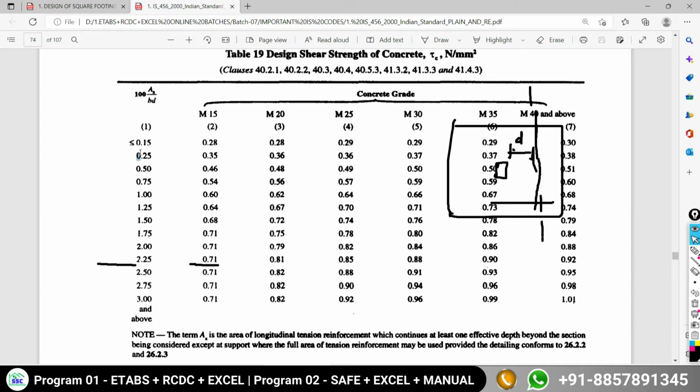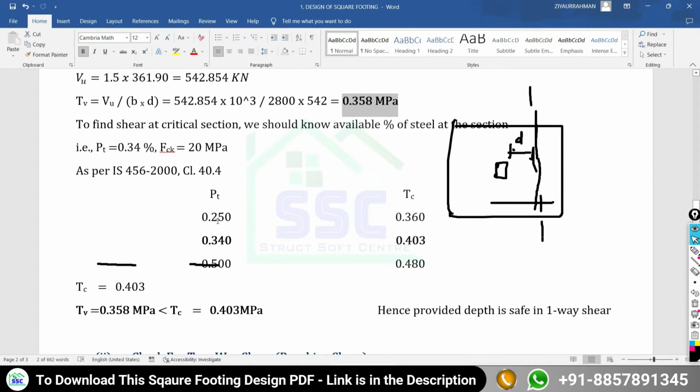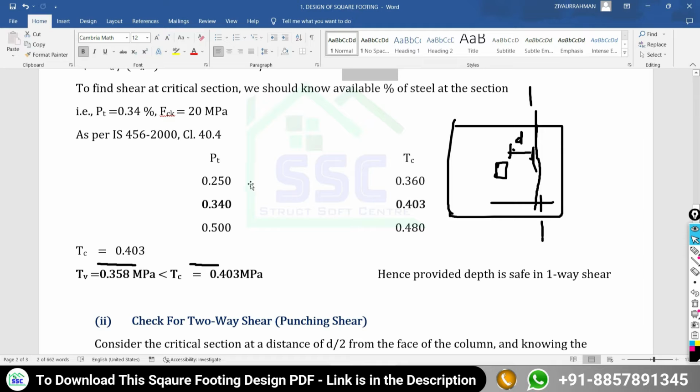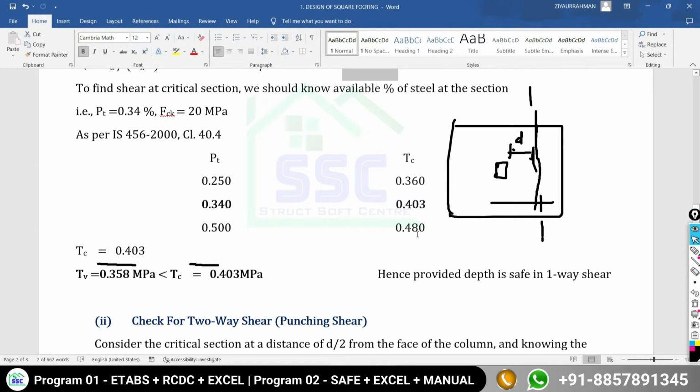In between these values, for 0.25, M20 it is 0.36, and for 0.5 it is 0.48. I have written the value here as for 0.25, 0.36, and for 0.5, 0.48. In between, our percentage of reinforcement is 0.34.